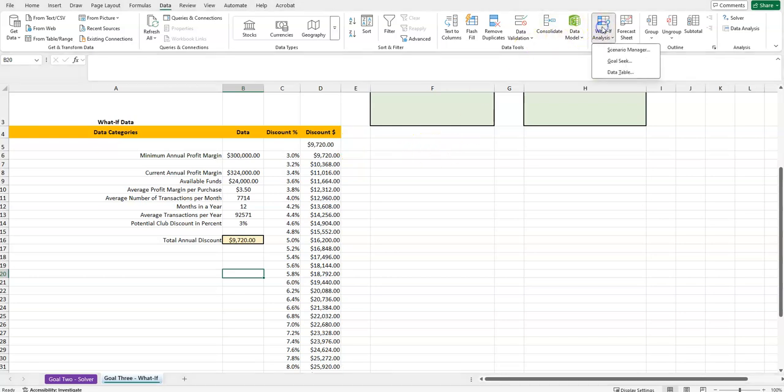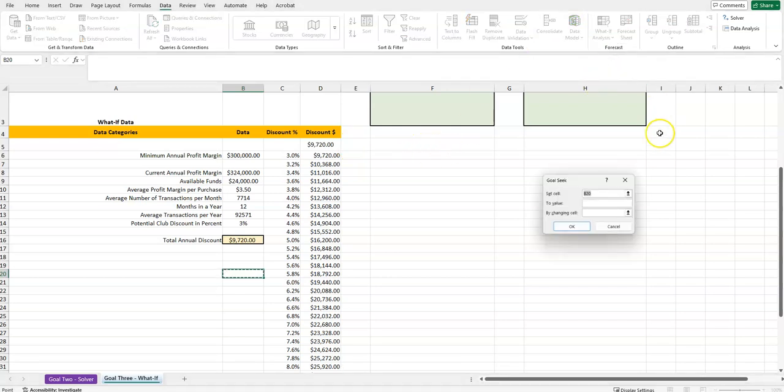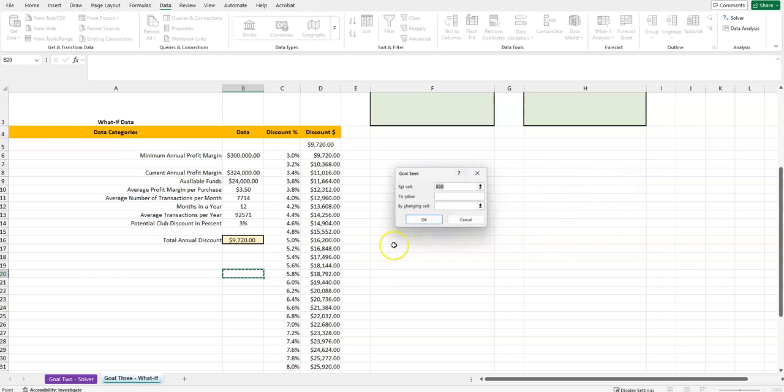But let's use the what-if scenario to do the same thing to show you how that would work. So you go into the what-if goal seek and you say, what am I trying to set? I'm trying to set this cell to be equal to the available funds, which is B16, the 24,000, to value 24,000 by changing what?